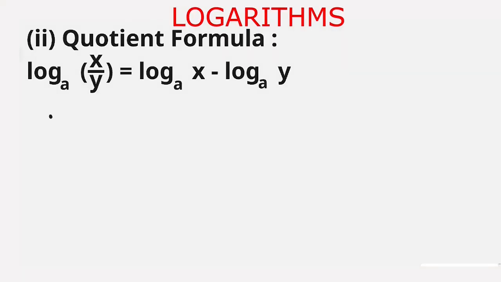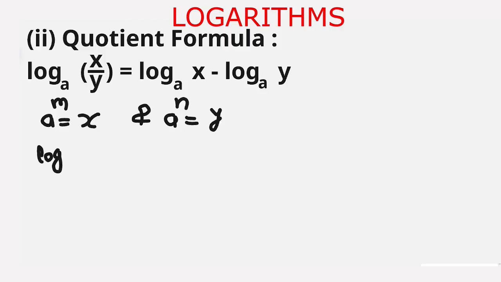Let a to the power m equal to x and a to the power n equal to y. Then from the definition, log x base A equal to m and log y base A equal to n.